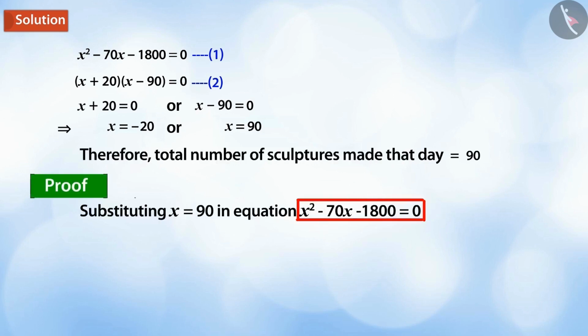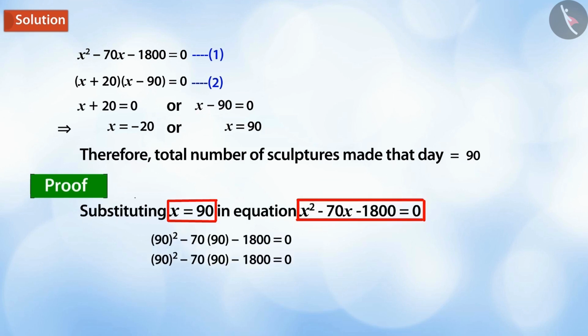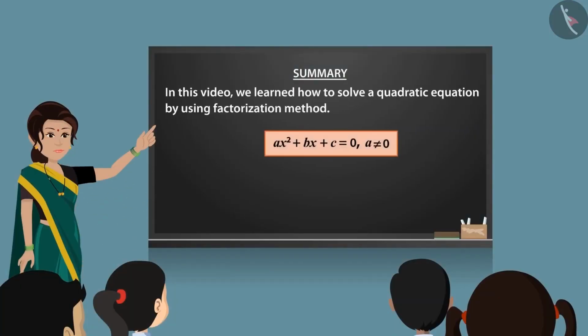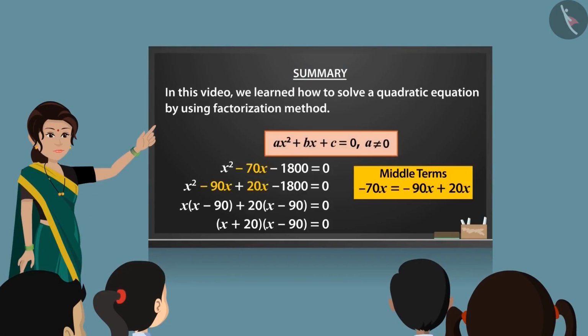On substituting the value of x as 90 in equation 1, we get it equal to 0, which proves that our answer, x equals 90, is absolutely right. In this video, we learned how to solve a quadratic equation by using the factorization method. We will practice what we learned today in the next video.